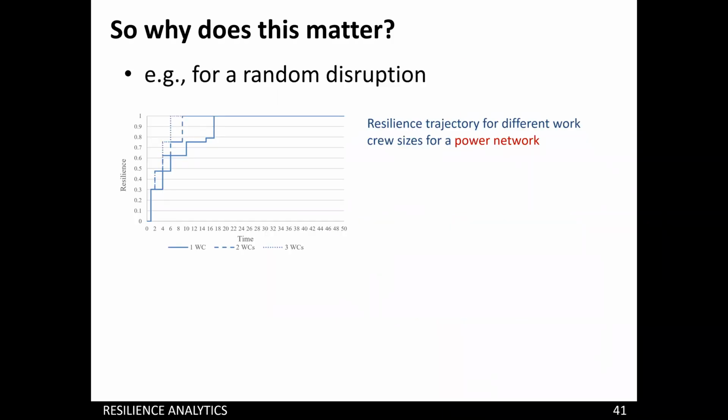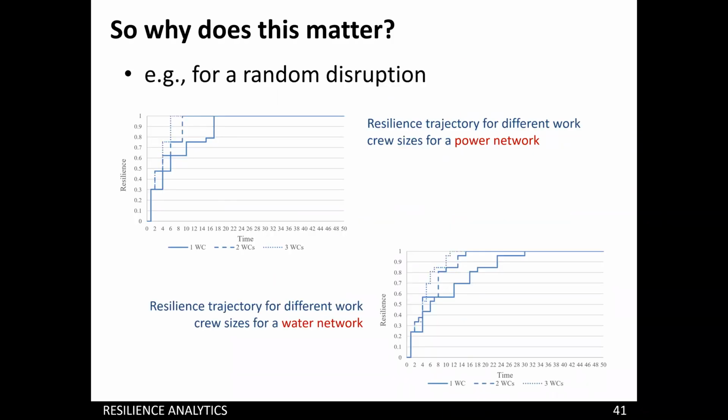And so what do we see here? I mean, there's not really a whole lot to say about this other than we applied our optimization problem to the interdependent power and water networks in that contrived example. And this is what we see with respect to restoration, the recoverability over time, if we assign 1, 2, or 3 work crews to each of these networks.